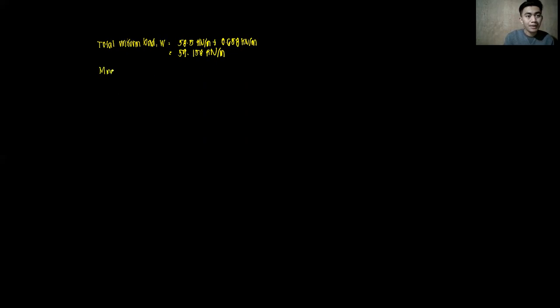From here, we can now determine the value of your maximum moment, M max. Since it is a simply supported beam, our equation is WL squared all over 8. W is the total uniform load, 59.158 kilonewton meter, times the length of the span, 9 meters, raised to 2, divided by 8.